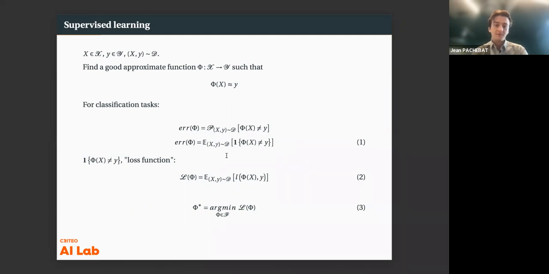And therefore, not only for classification, but for a broader class of problems, the task of supervised learning is to minimize this functional L of phi, which is the expectation over our space of inputs and outputs of the loss of our prediction with regard to the desired outputs. And our goal is to find a function which minimizes this functional in the class of functions that we are considering.